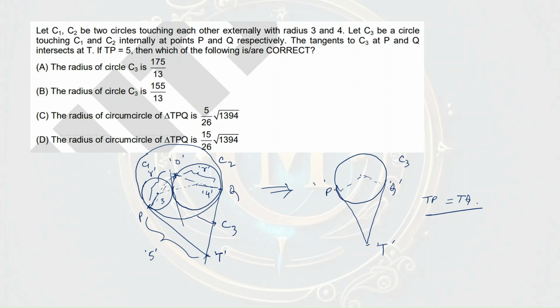That means if we connect the center of this circle C3, this is the point O, to the point T, then this line segment should bisect the angle between PT and QT. So if this angle is theta, then this angle must be also theta.